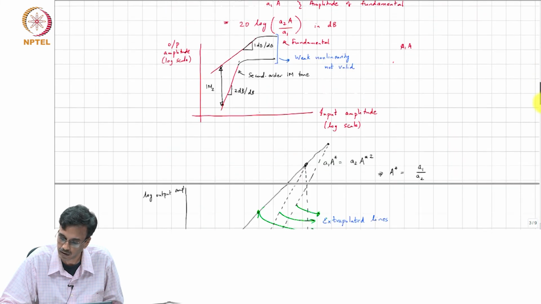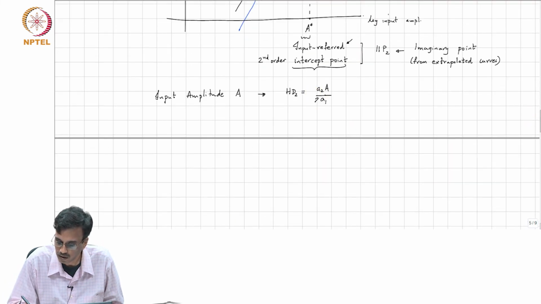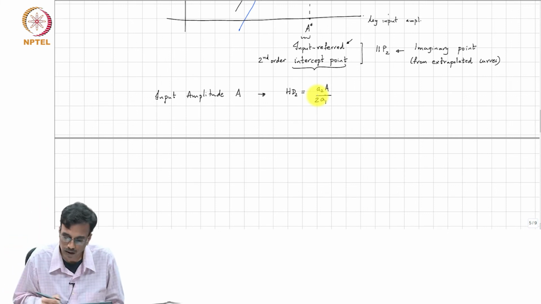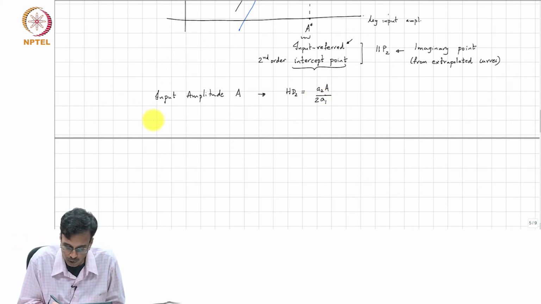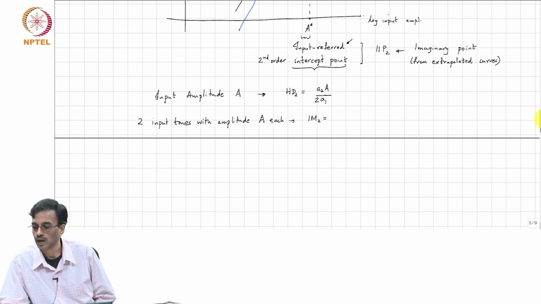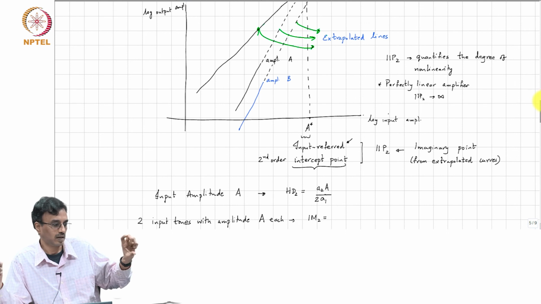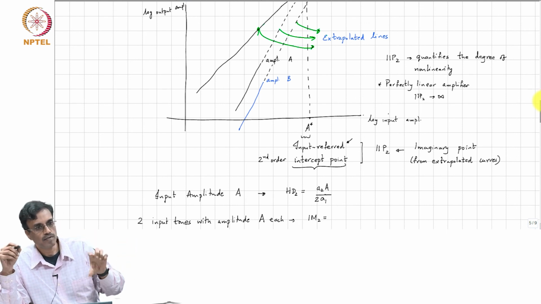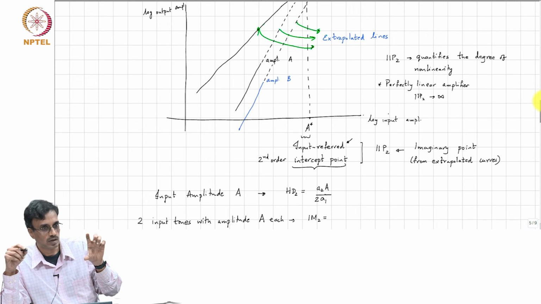If you have two input tones with amplitude A each, IM2 is nothing but, remember, IM2 is the ratio of the intermod tone to the amplitude of any one of the input tones.